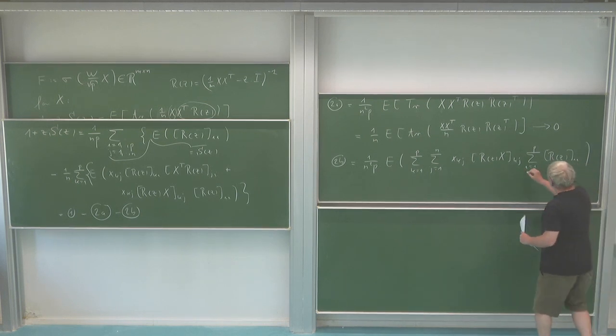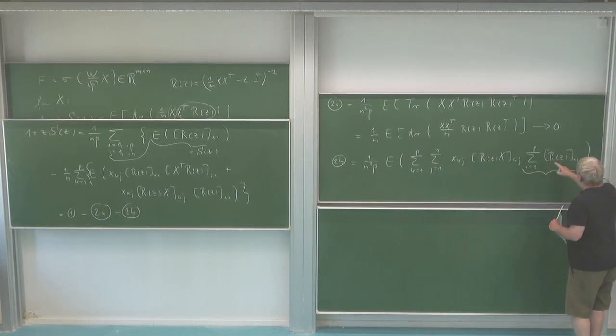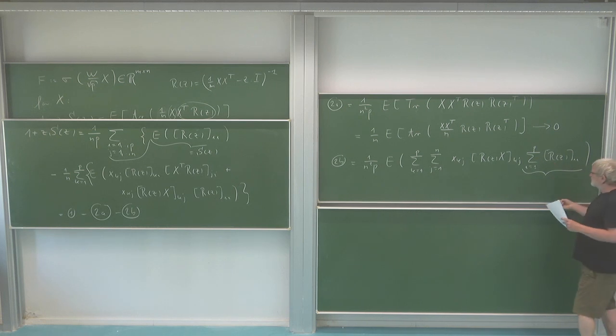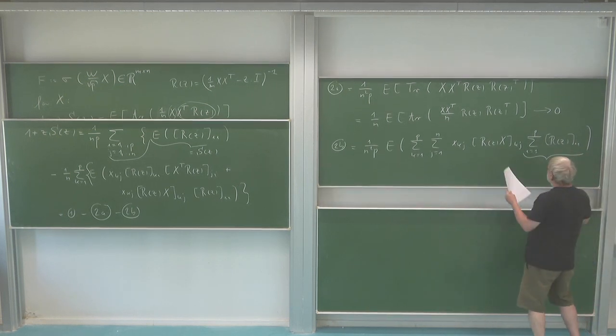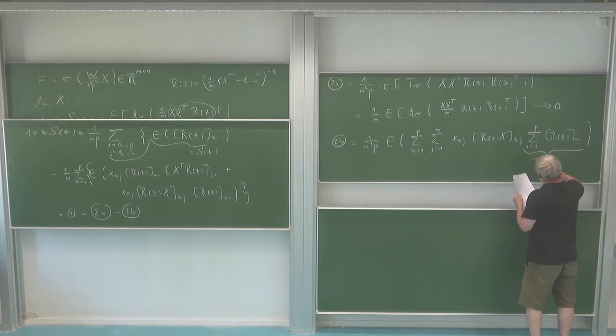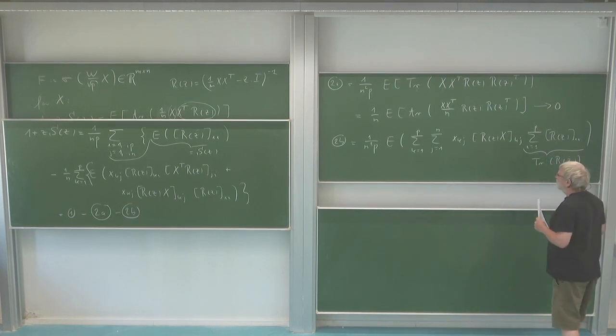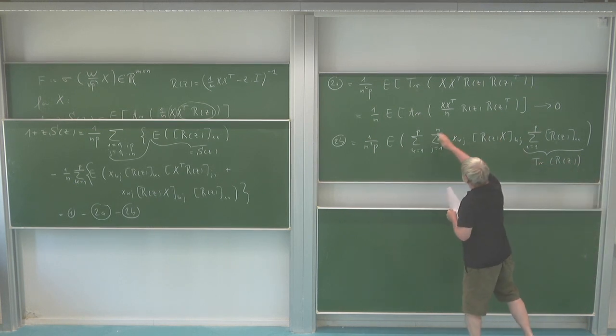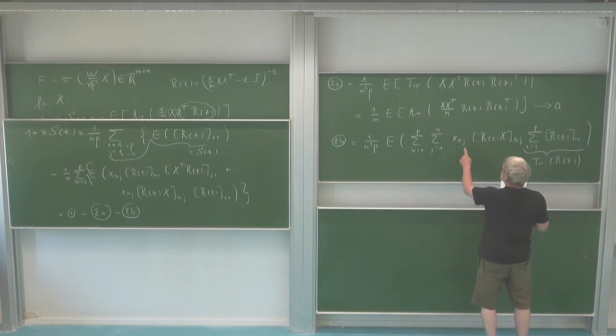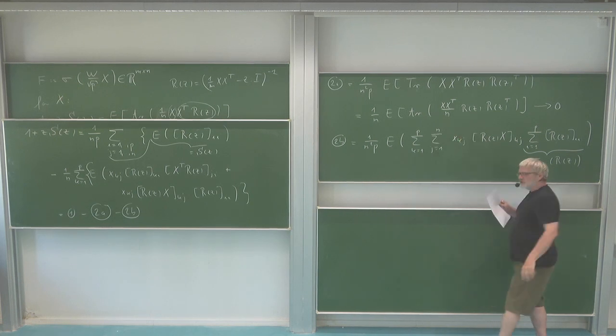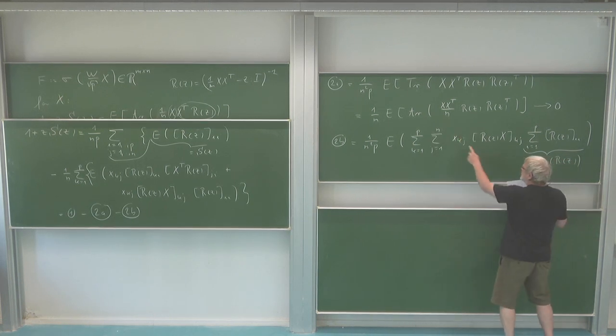And now of course this summation here is just a trace of this matrix. This only involves i, the other indices are not there, so this is just the trace of R of z. So I can take it out of this sum. And in this sum, I'm again doing the trace and the matrix multiplication. Again, one of the indices should be reversed.